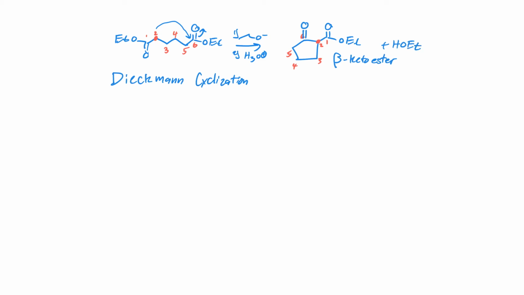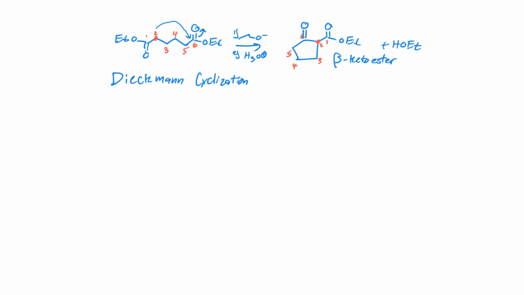And if we started with 7 carbons here, we would make a 6-carbon ring. So you can make 5 and 6 carbon rings very easily. And later in this chapter, we're going to learn how to remove carbon number 1 altogether. So we could use this as a means of making 5 and 6 membered rings with a ketone already installed.